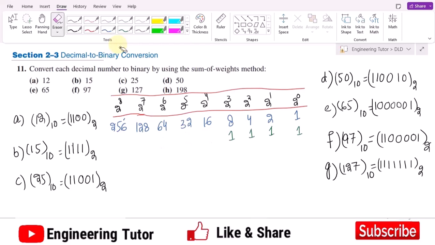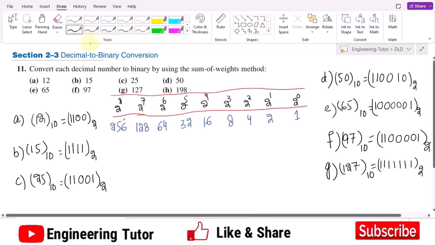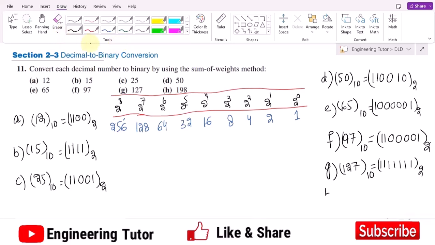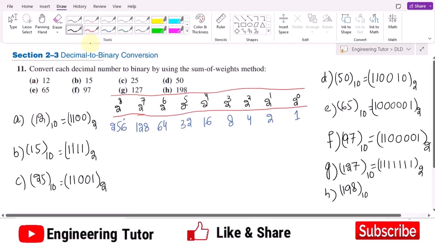Okay, so that is the binary equivalent of 127. Similarly, the last one here is now 198 in decimal. So I have to find the binary equivalent of this number. What is the highest possible number? The highest possible number here is this 128.